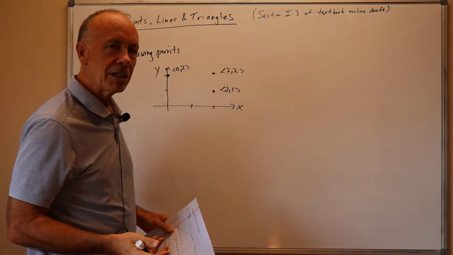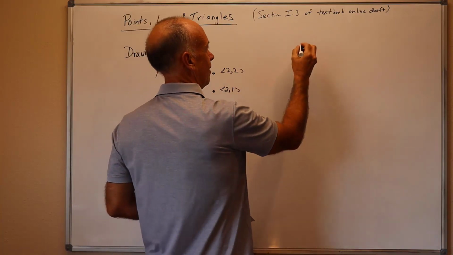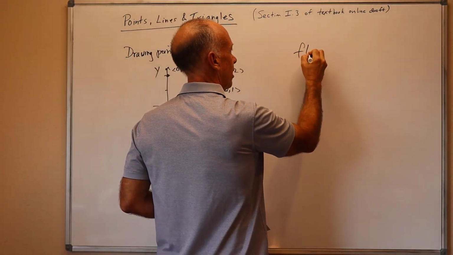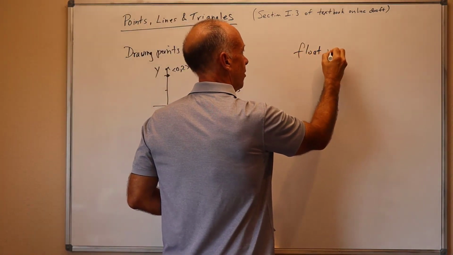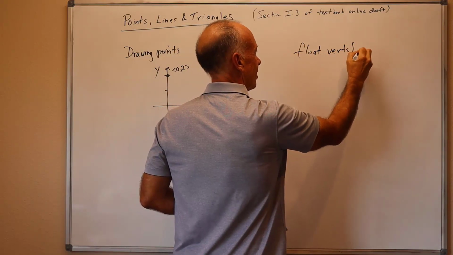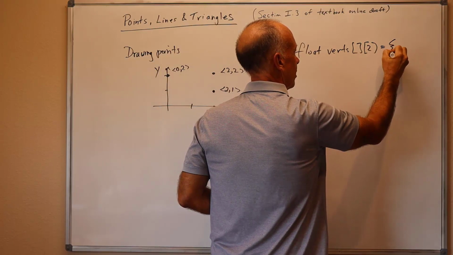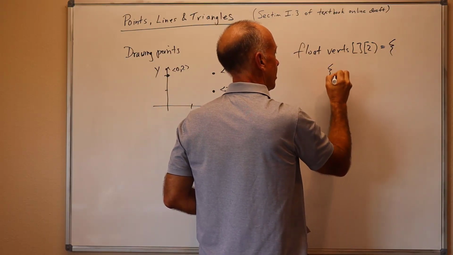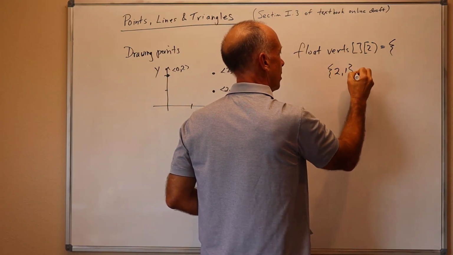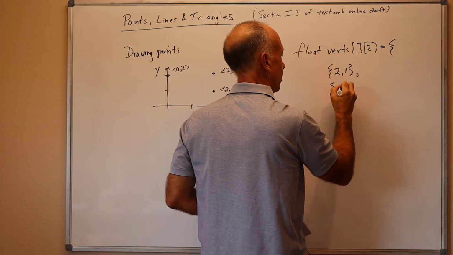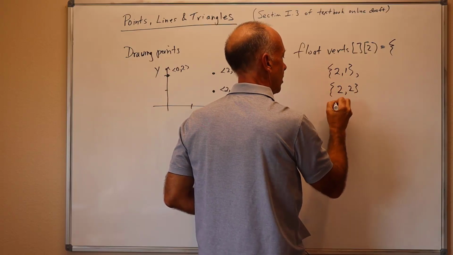So in C++, what we would do is we'd start off by putting these points in an array. So we've just used an array of floats. So float verts, and I'll do pairs of real numbers. The first one is 2, 1. The second one is 2, 2.